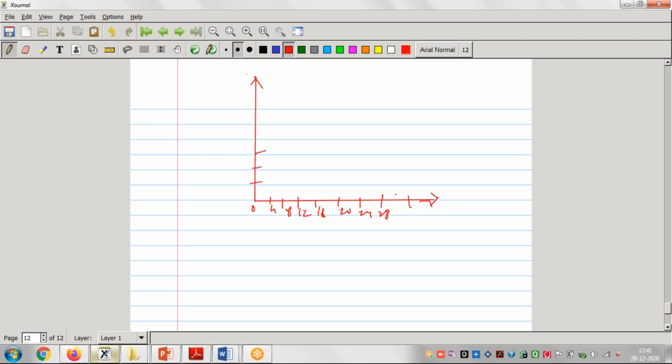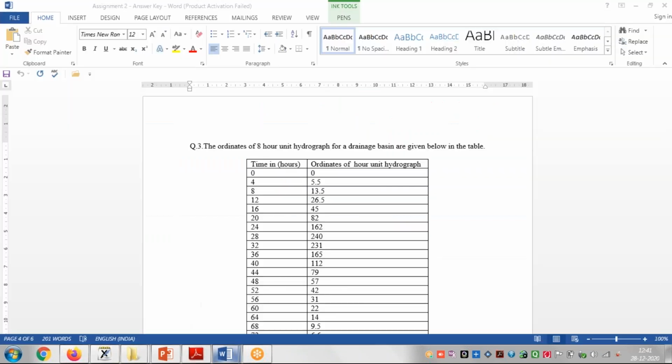On the y-axis the value of Q is given. When you draw the graph, this graph will be the 8-hour unit hydrograph, because it is given in the question.